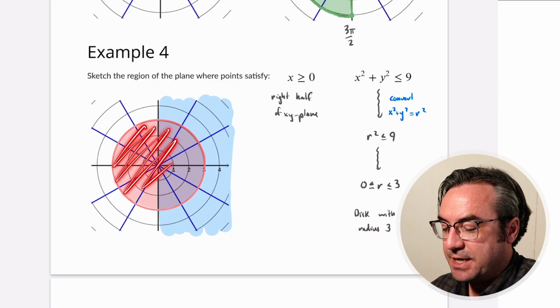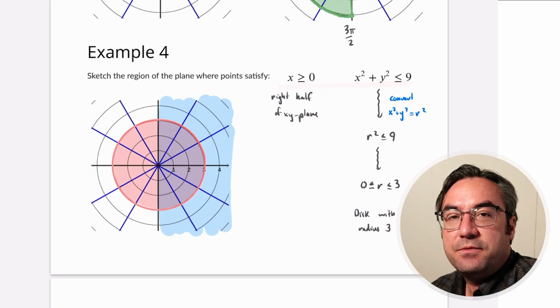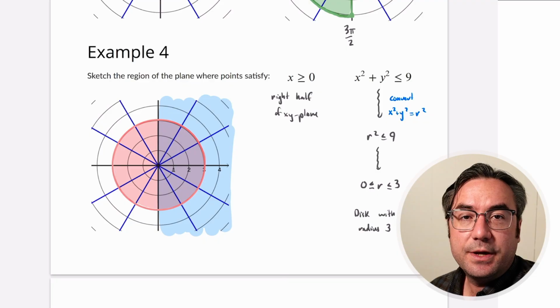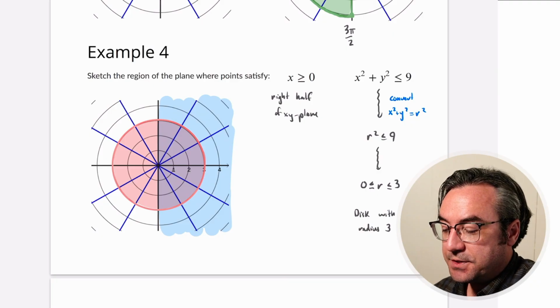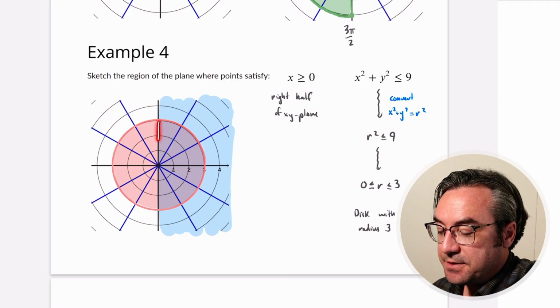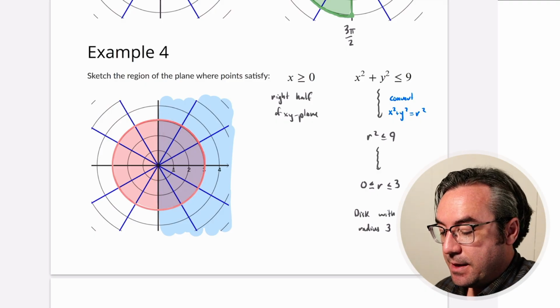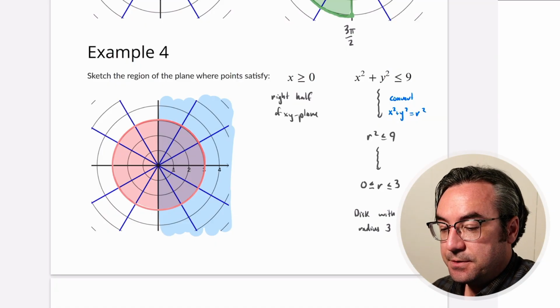And if we're requiring that both of these inequalities are satisfied at the same time, we're looking at the overlap. So what is the overlap? Well, it's this half circle. And this is our polar region in this case.